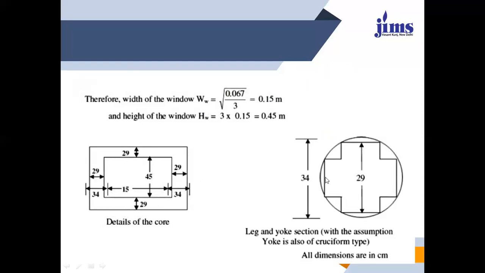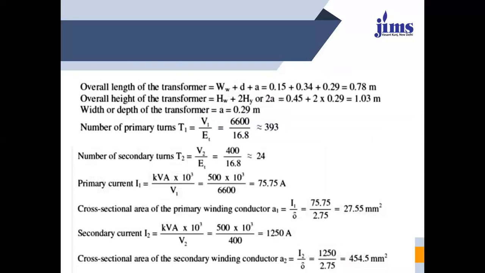So this will be the exact figure of leg and yoke section, with the assumption that the yoke is also of cruciform type. All dimensions are shown in centimeters. For the overall length of the transformer, by adding we get W plus D plus D plus A. The overall height of the transformer is Hw plus 2Hy, or twice A. The depth of the transformer is equal to 0.29.